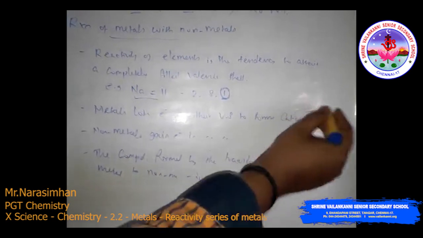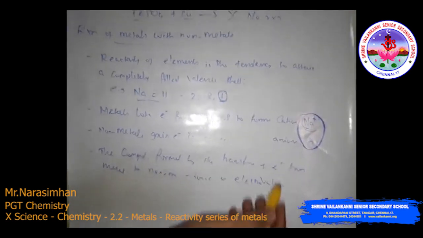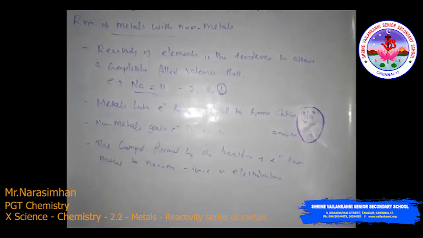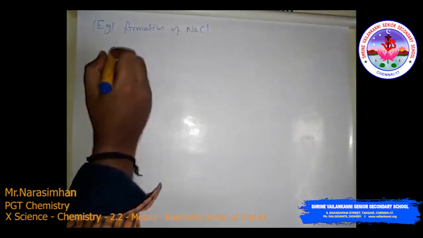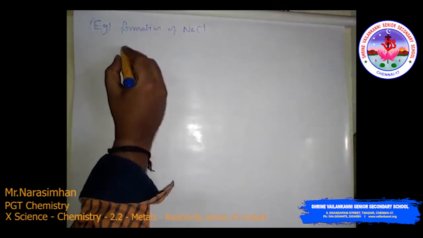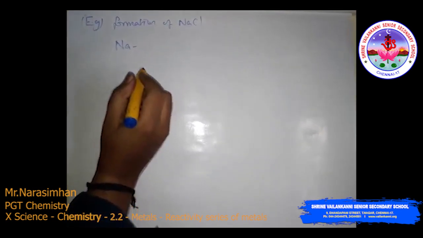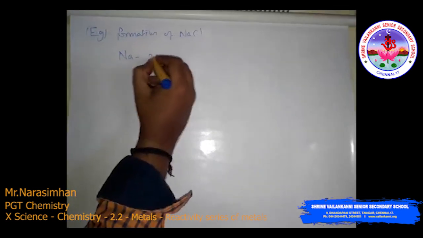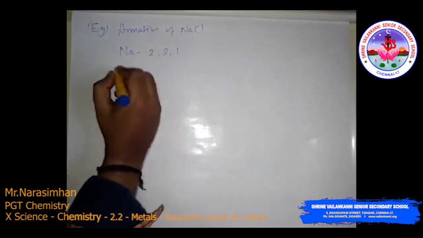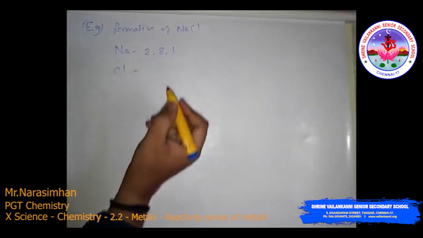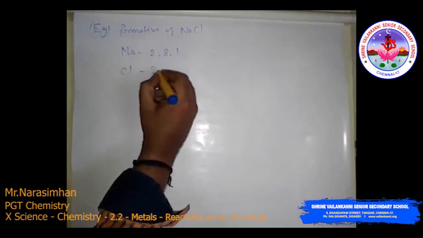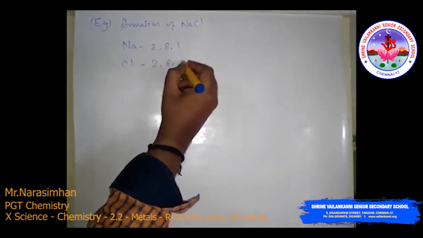I will tell you how the formation of NaCl is possible. Look at the electronic configuration first. For the sodium atom it is 2, 8, 1. For the chlorine atom, 17, it is 2, 8 and 7.